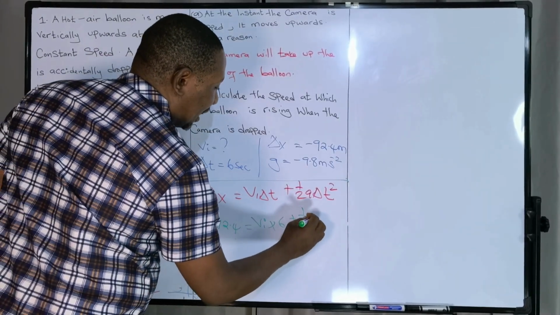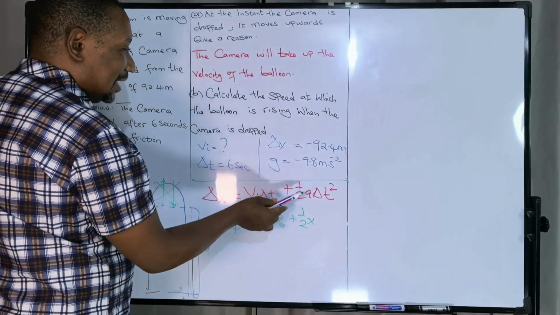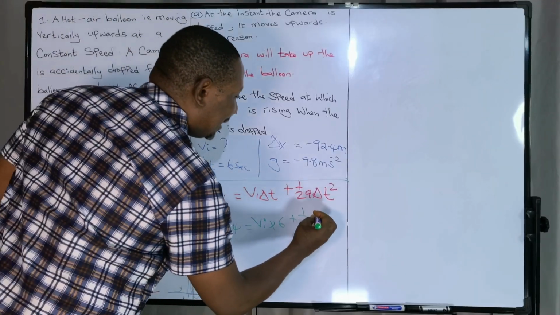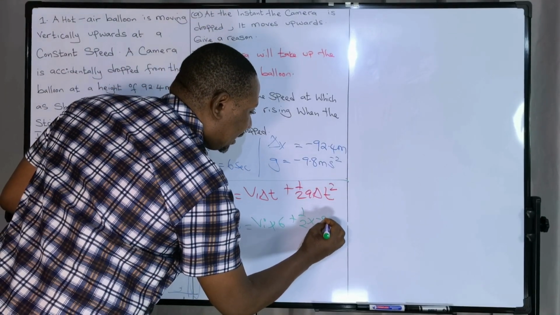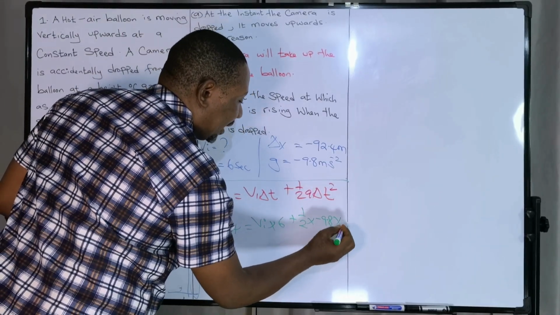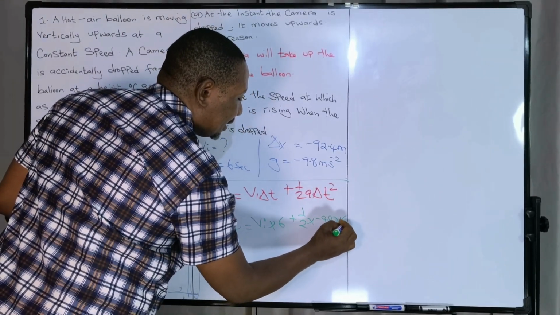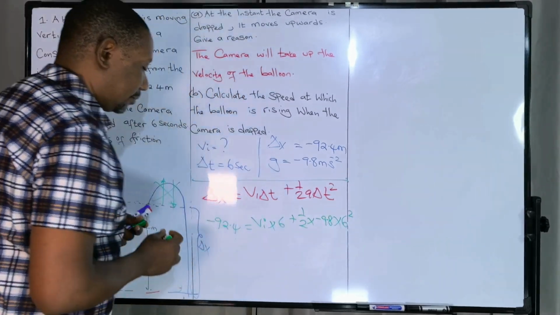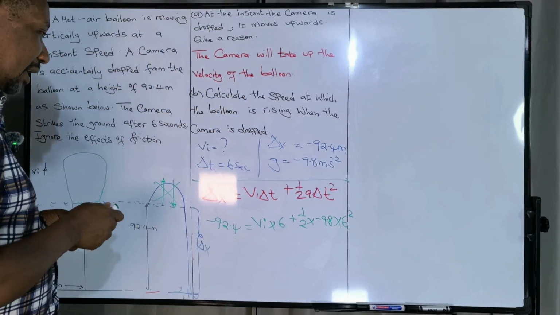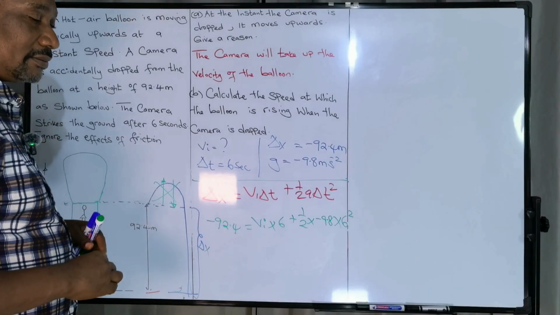Here we have a half times a, which is the same as g, acceleration due to gravity, and it is negative 9.8. Then times delta t squared, and delta t is 6 squared. So that's the information we have. So let's see what we get out of this.